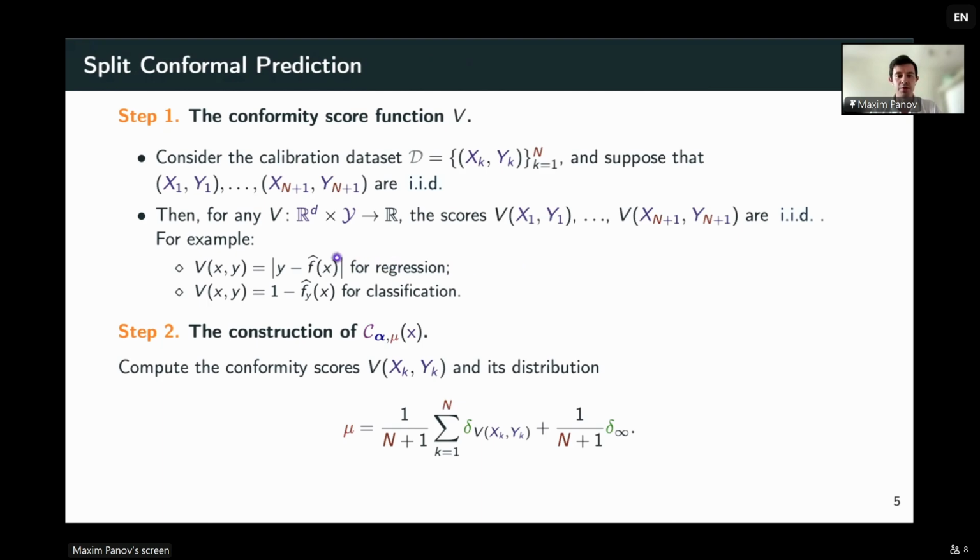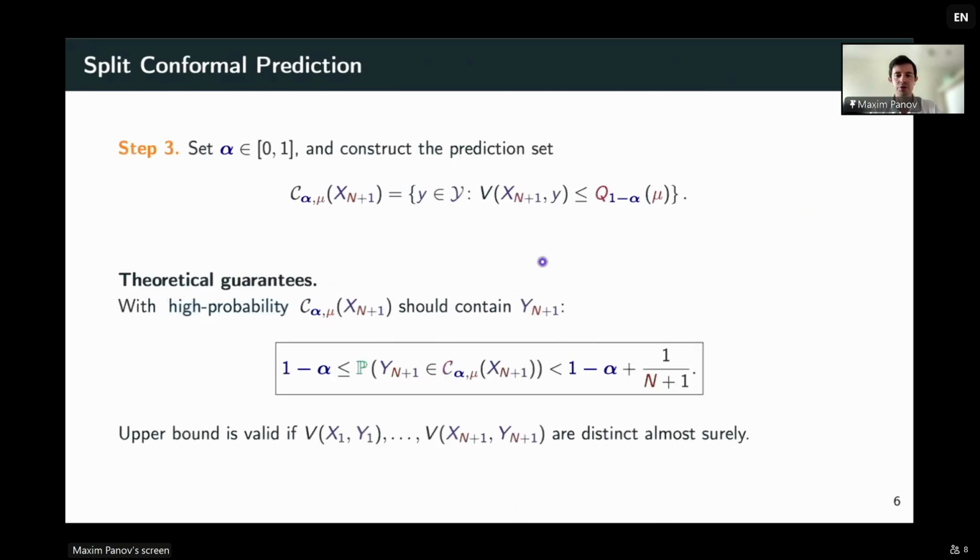For example, for regression, it can be just the absolute difference, so the absolute value of the residual. And for classification, there are various choices. One of them is 1 minus the probability of the true label given by a classifier. And given this data set and scores, conformal prediction just considers the empirical distribution of the scores. There is the empirical measure given on the slide.